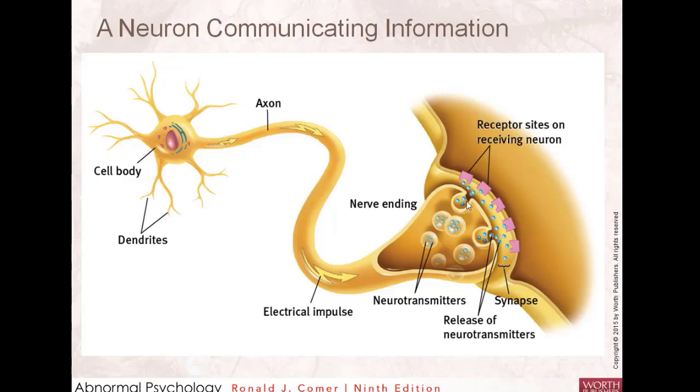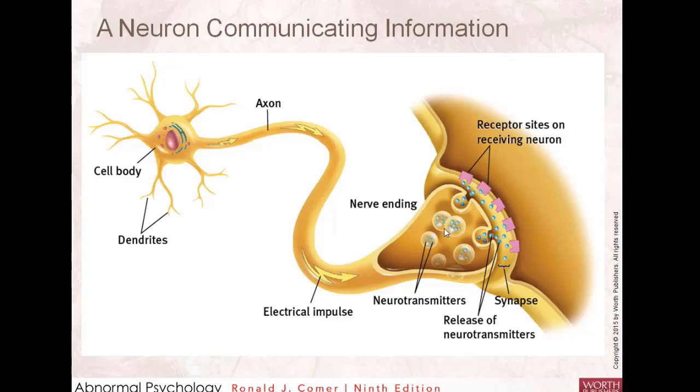The neurotransmitters cross this gap, which you can see is called a synapse. The neurotransmitters cross the gap, and they bind with the receptors on the dendrites of the next neuron. So it's like a lock and key. We have these keys sitting here waiting.